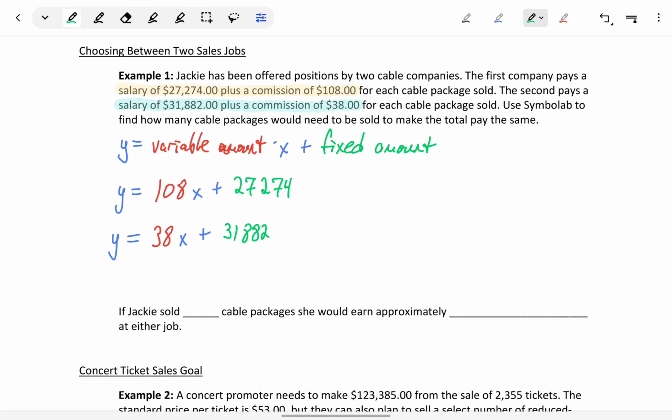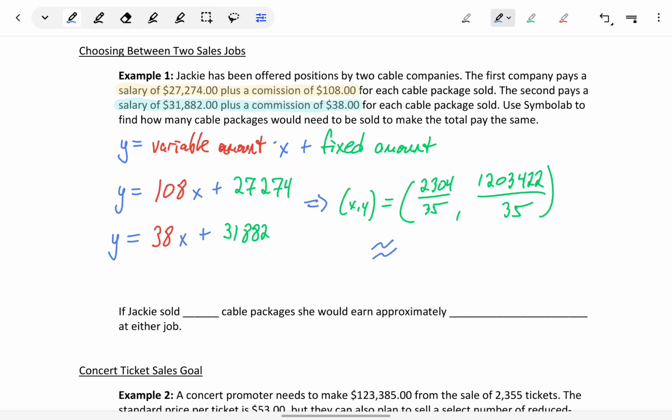So our result here was the XY ordered pair, which came out originally to be exactly 2,304 over 35, comma 1,203,422 over 35. And then we can come up with those decimal approximations.